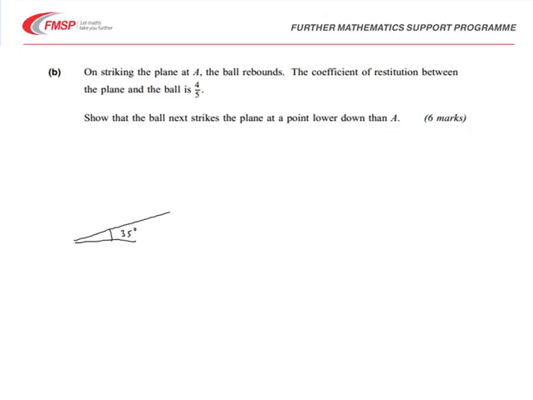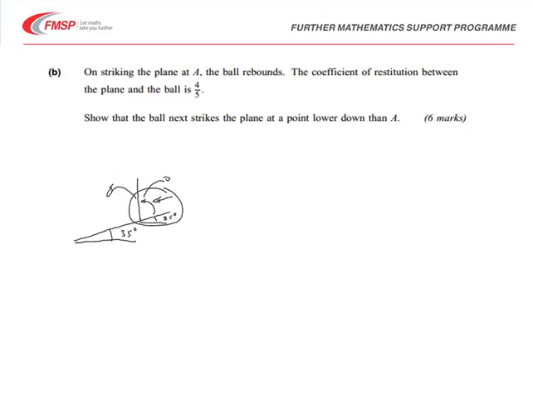If we then calculate the angle of the rebound, then the total angle will be the 35 plus the angle of the rebound to the plane. If that total angle is greater than 90 degrees, the ball is going to, in effect, bounce backwards. If it's less than 90 degrees, it's going to go forward.